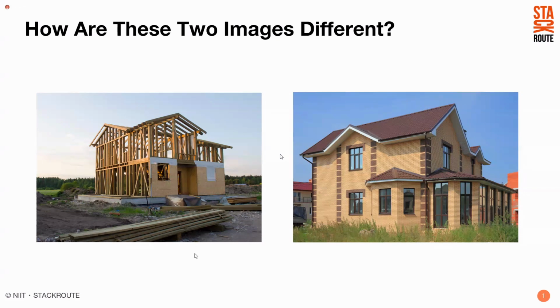So in the left side image, we can see only the structure of the house. Everyone said yes. The right side is a complete house where you can see the structure along with complete interior and exterior, designed and completely decorated with windows, doors.